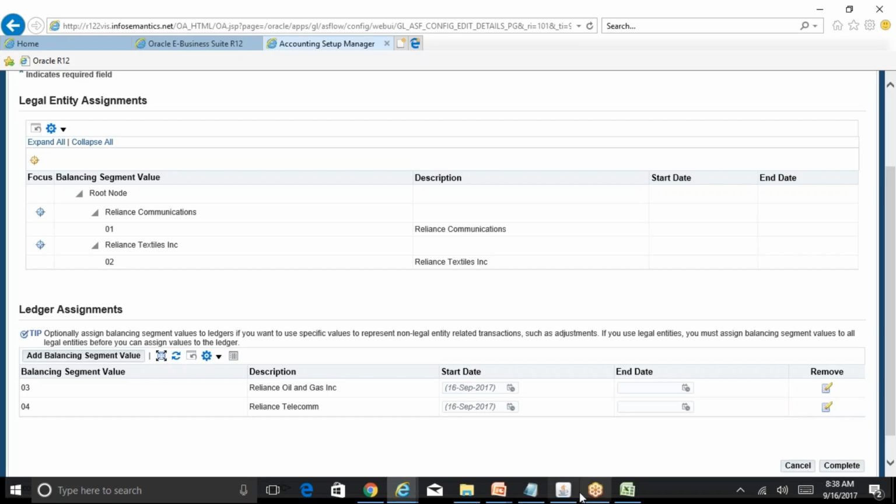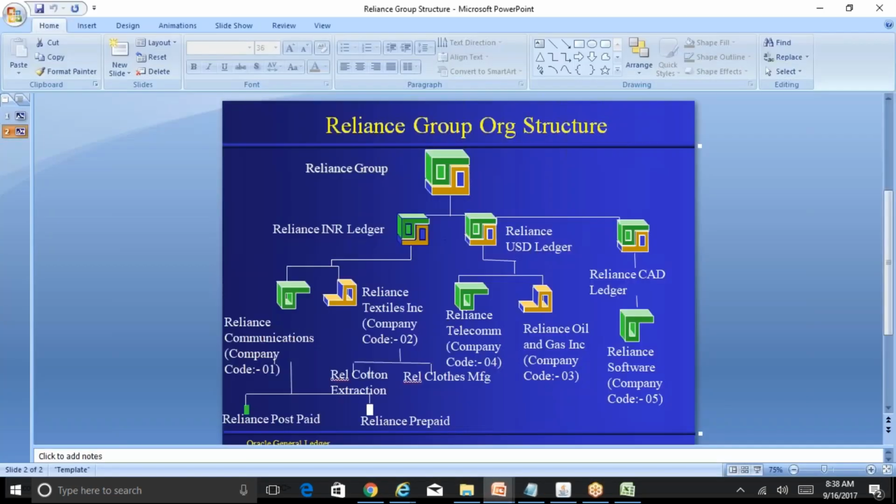The reason being, if you look at our flow chart, 03 and 04 are the legal entities under the USD ledger. So ideally all subledger related entries for 03 and 04 should go into the USD ledger. From a USD ledger perspective, 03 and 04 can be used in the subledger, or entered directly in the GL.